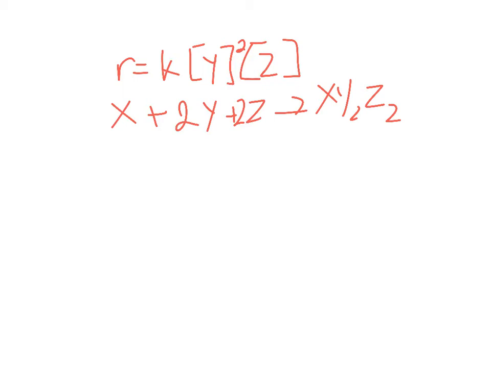This exponent is 2, but Z is not 2, and there's no X. So the combination of the 2 missing from the Z and the no X tells you this is not one step. So what does the slow step give you?